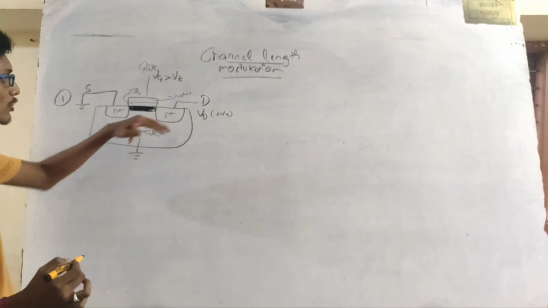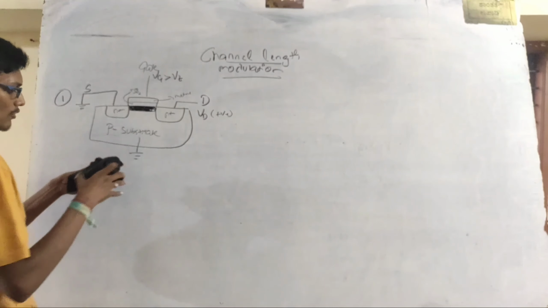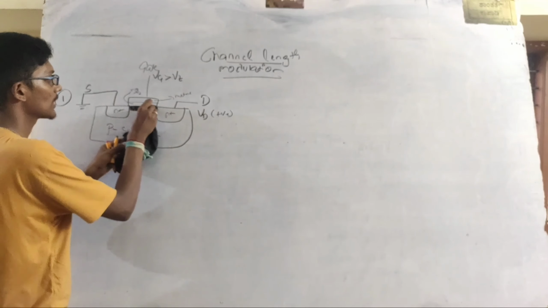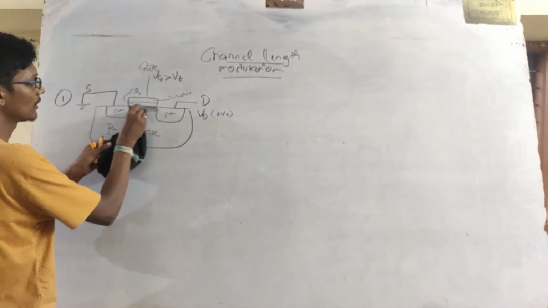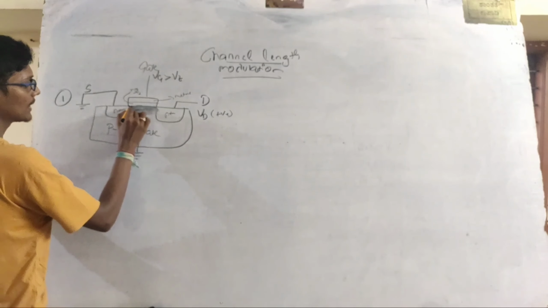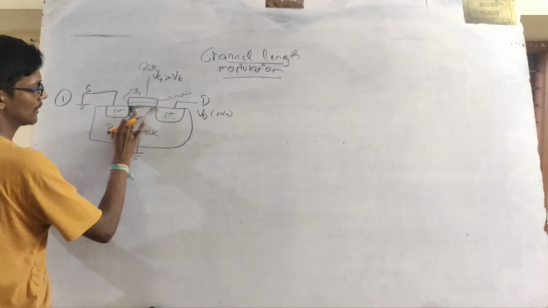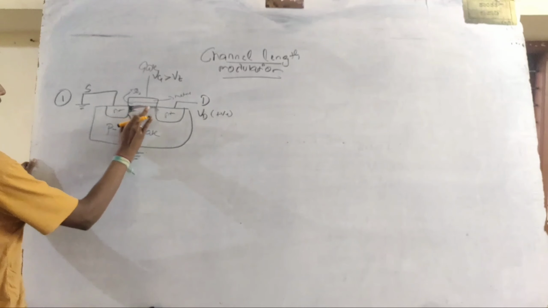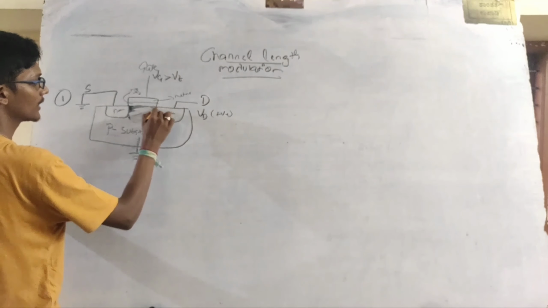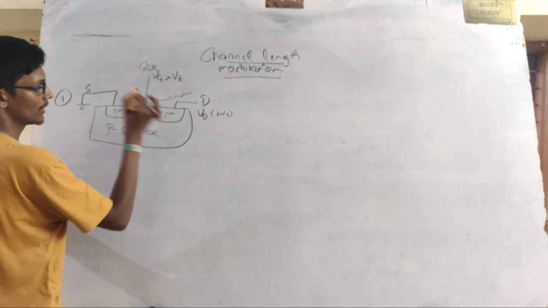The channel is drawn equally distributed in all regions, but in real cases the channel won't be like this. The channel will be slightly thicker towards the source side and gradually decrease when it reaches the drain terminal.